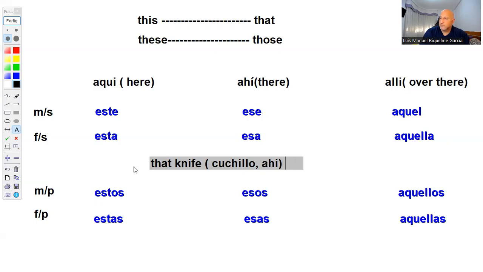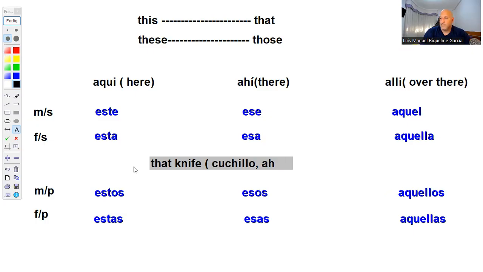Ahí. It's not very far away. It's just in the middle. So again, cuchillo is masculine. It's single. So, and it's in the middle. So how will you say that knife? Ese cuchillo. That knife.